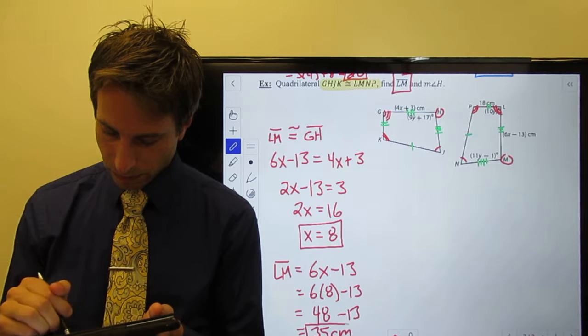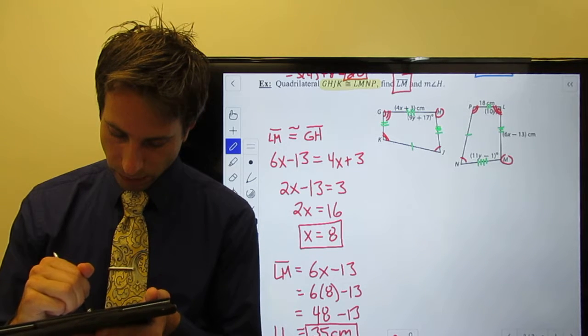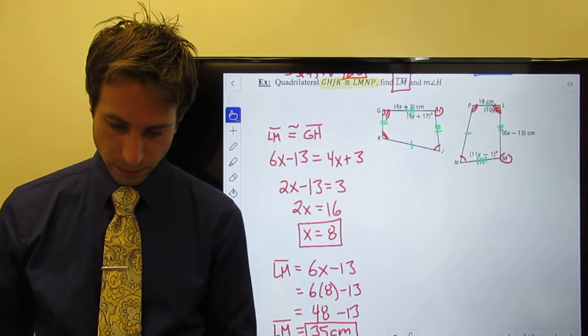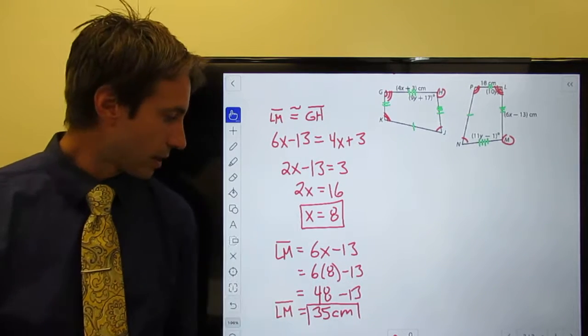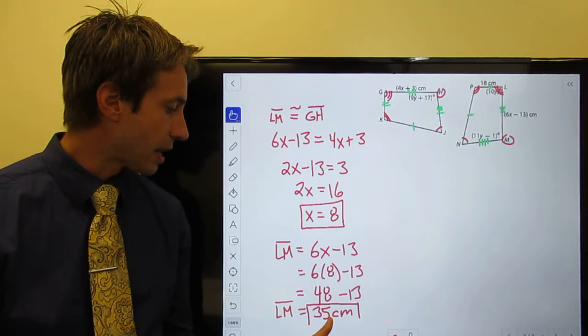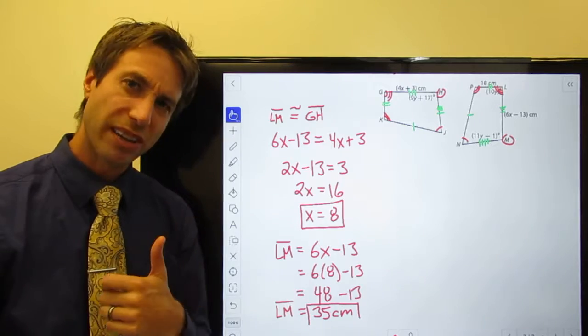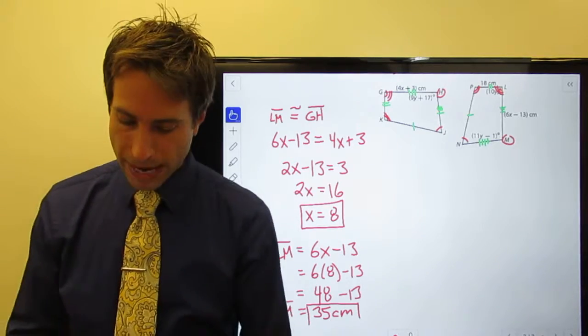Awesome. Again, that's LM. That finds me the length of segment LM, 35 centimeters. All I had to do was a little bit of algebra to find x, plug that in, and we get our guy. Okay, now what am I asking you to do?